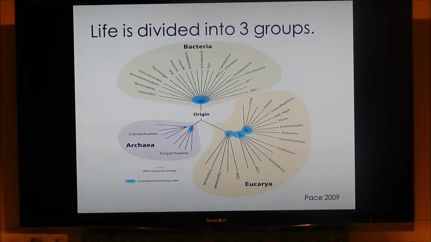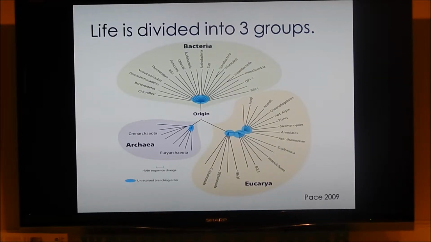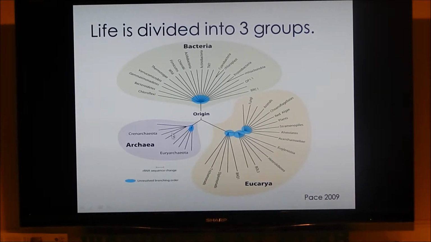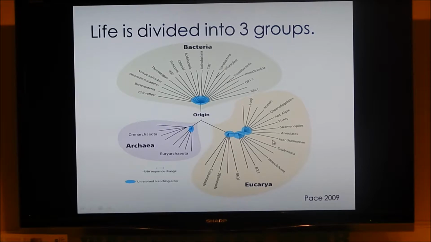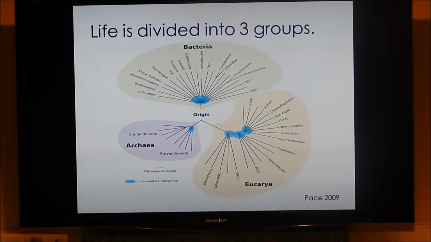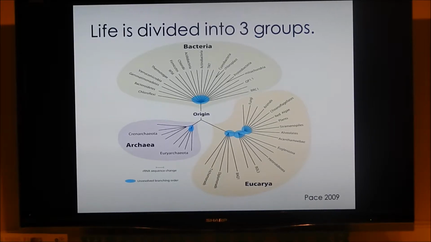So life in general is divided into 3 groups, and biologists think of life in these 3 groups. So we have, can you guys see that? Okay. So we have this group up here, which is bacteria, this group, which is archaea, and this group, which is eukarya. And the main differences between these 3 groups are genetic, biochemical, and structural differences.